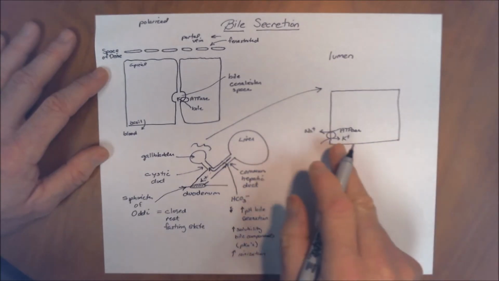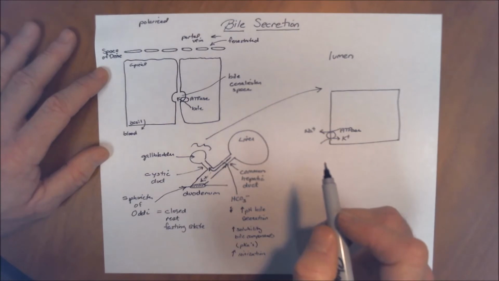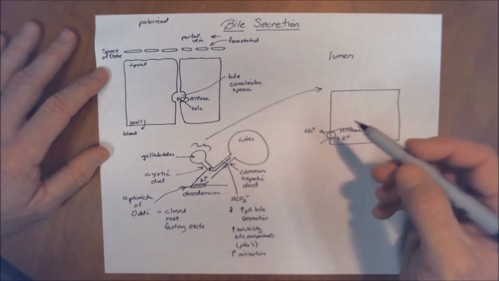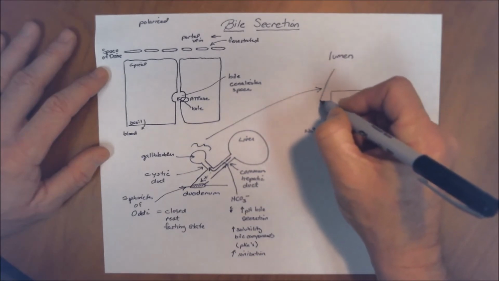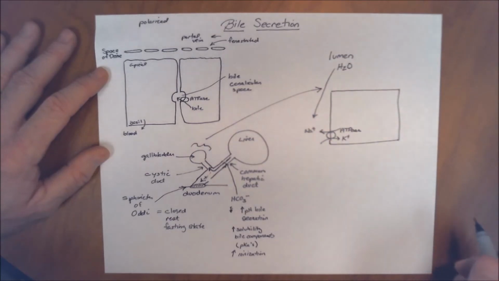And this sodium-potassium ATPase is going to drive sodium out of the cell. And I think you know what will happen when we drive sodium out of the cell and into the interstitial fluid. Water will follow by osmotic pressure.